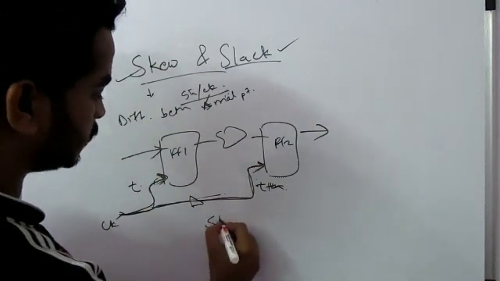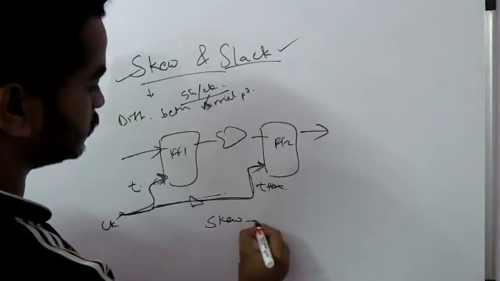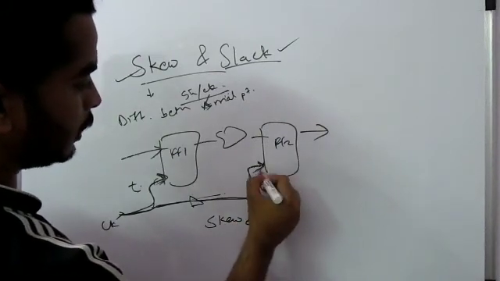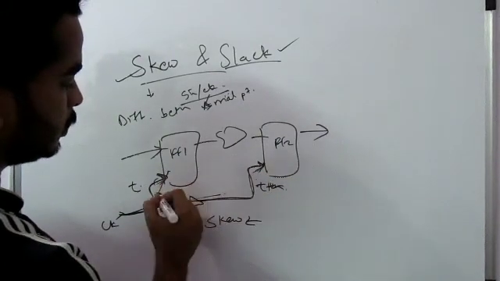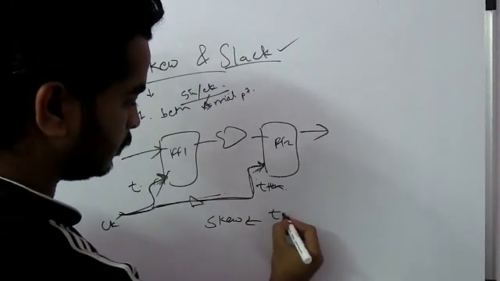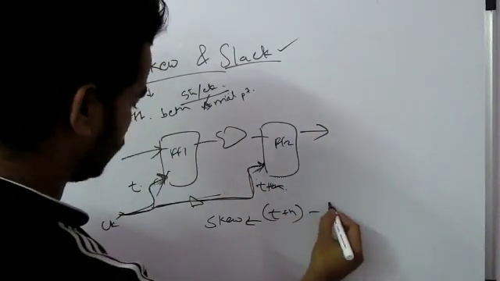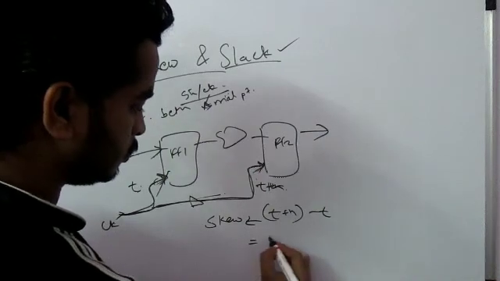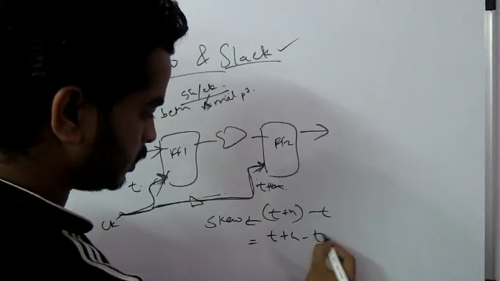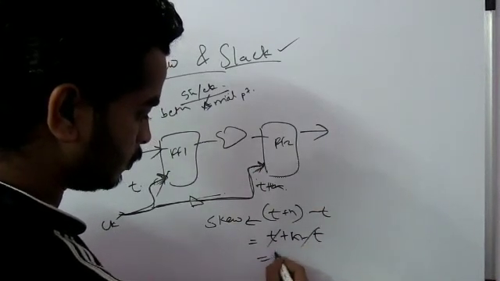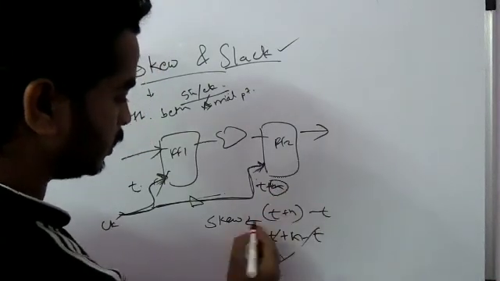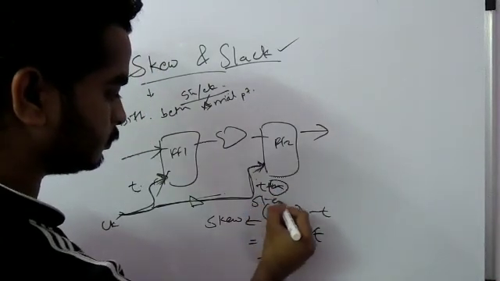So what is skew? Skew is the difference between the clock arrival times at both flip-flops. So t plus n minus t is equal to n. This difference n is nothing but the skew.